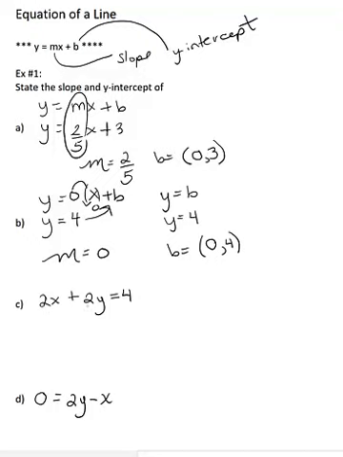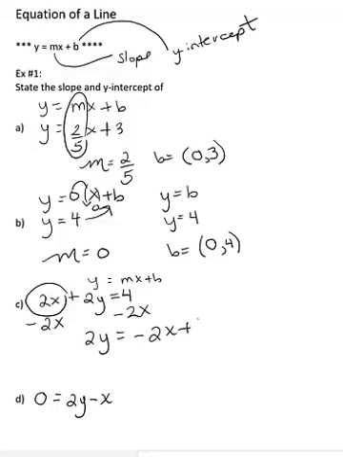Part C takes a little bit of work. So to get the y alone, because all of these have this, I need it in this form. Y is alone on one side. So I need to start with trying to get this alone. If I do the opposite of having 2x on a side by taking away 2x, then you have to divide every single part at the end by 2 to get y by itself.